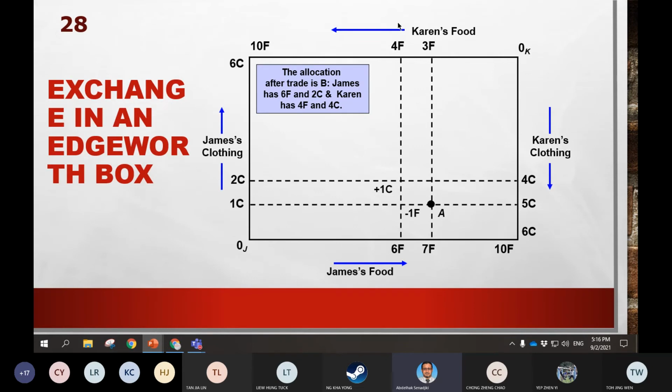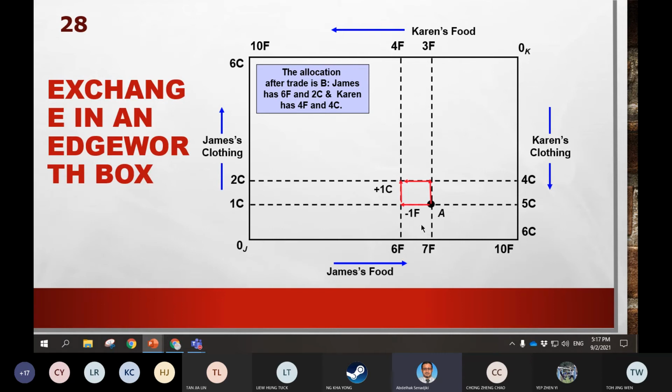Then we will have the new equilibrium at James 6 food, 2 clothes, and Karen 4 food and 4 clothes. So point B represents the market basket for both James and Karen after a mutually beneficial trade.